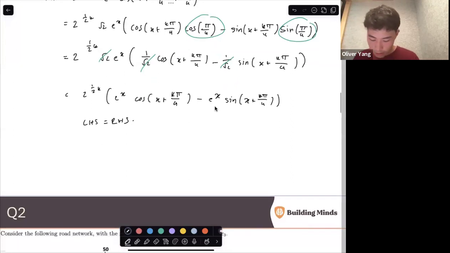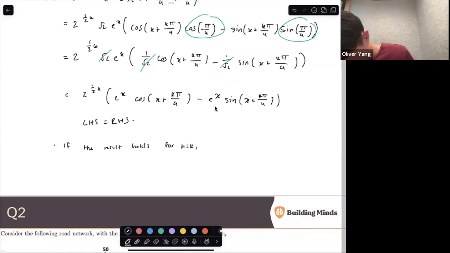So, and then we've got to write our statement. So, if the result holds for n equals k, then it also holds for n equals k plus 1.